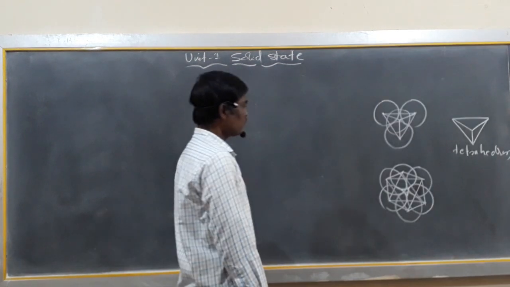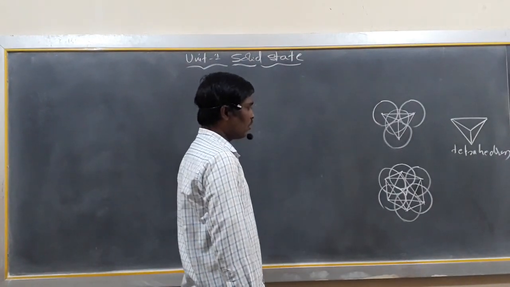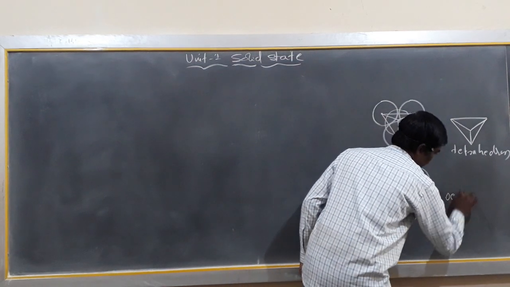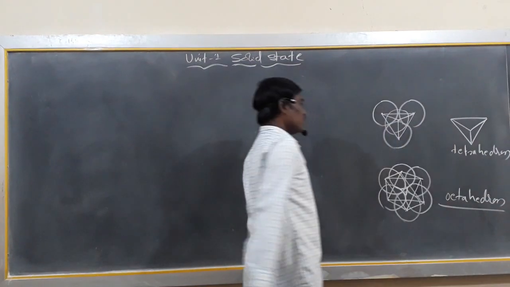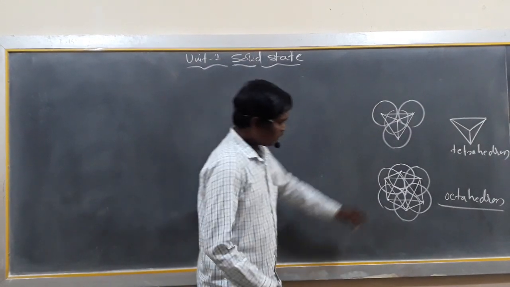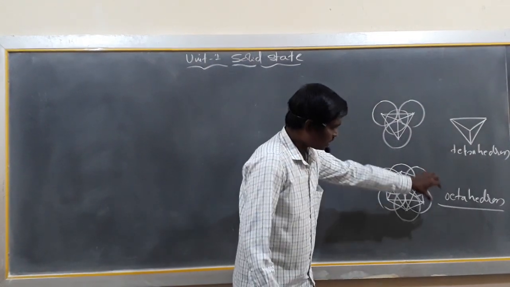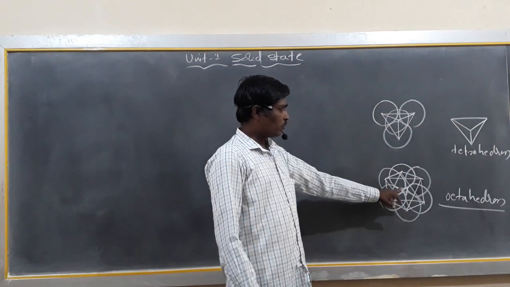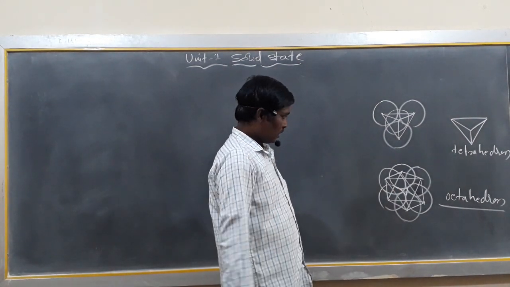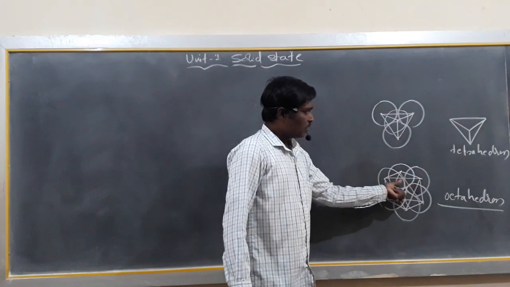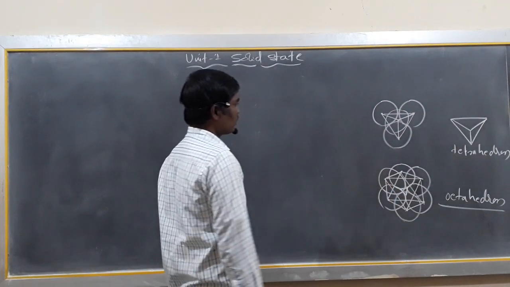When I join the centers of all the spheres, it forms an octahedron. So the space here has an octahedral shape. Therefore, that void or empty space we call octahedral, and the shape is octahedron.